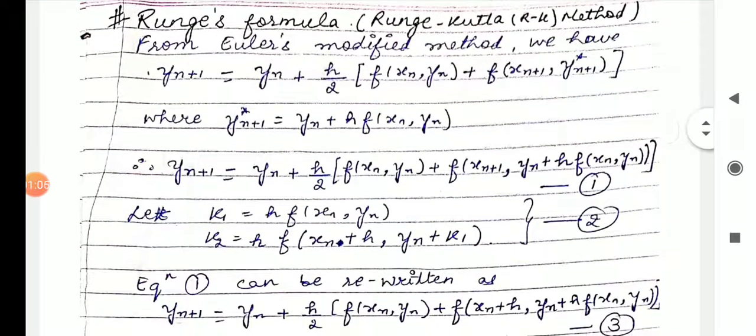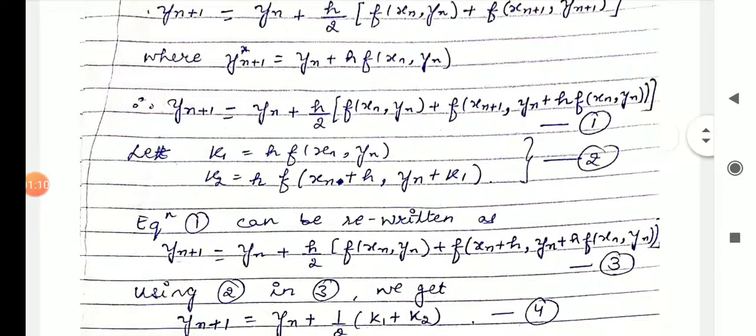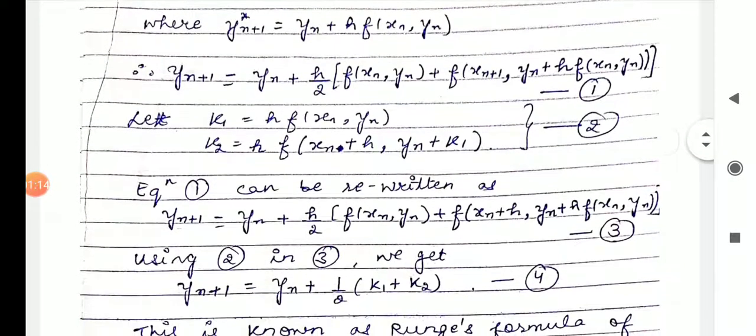So let k1 be equal to h times f(x_n, y_n), and k2 equal to h times f(x_n plus h, y_n plus k1). Equation 1 can be rewritten as y_{n+1} equals y_n plus h by 2 times f(x_n, y_n) plus, now here we have replaced x_{n+1} by x_n plus h.